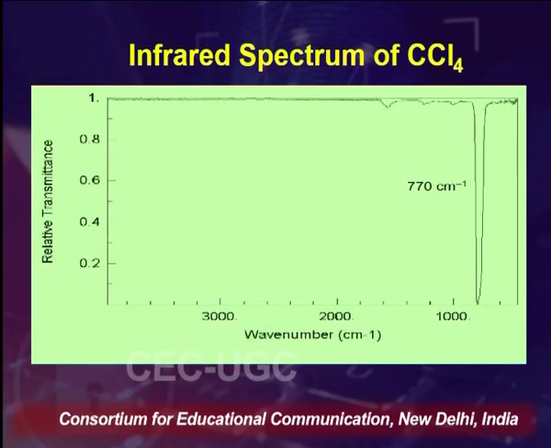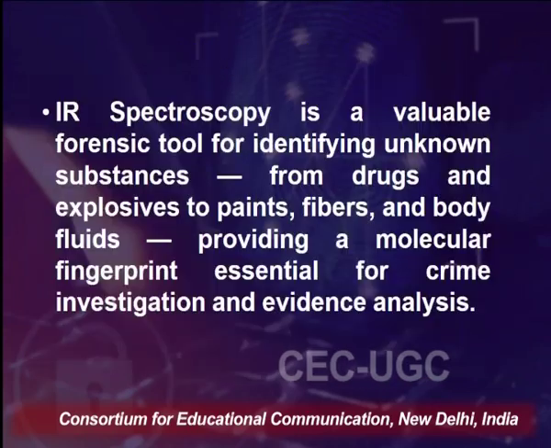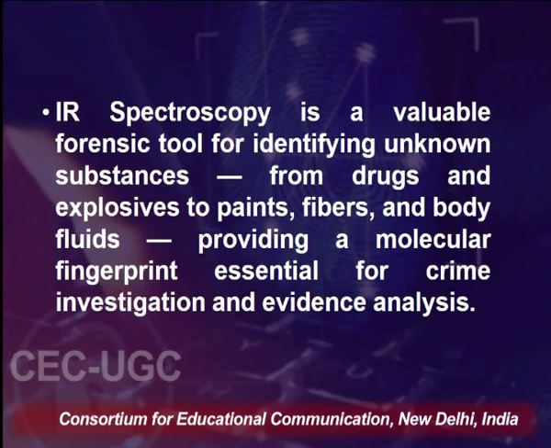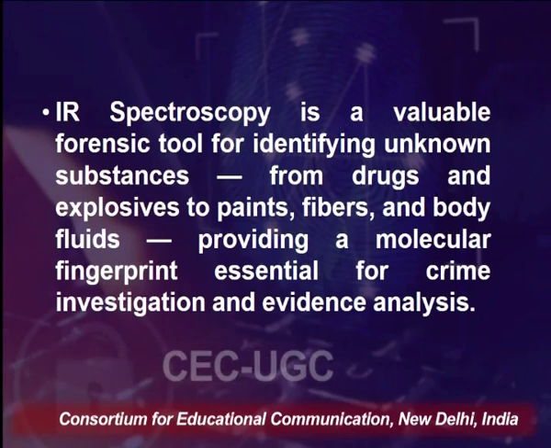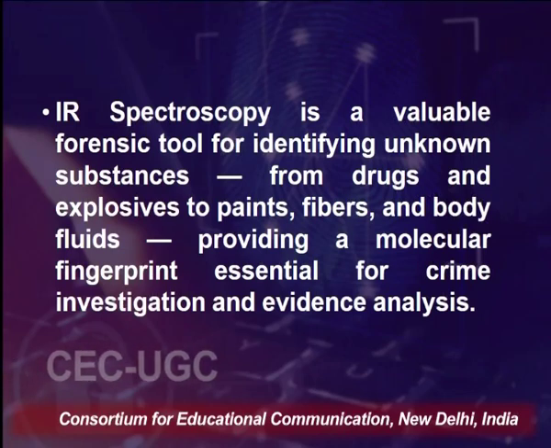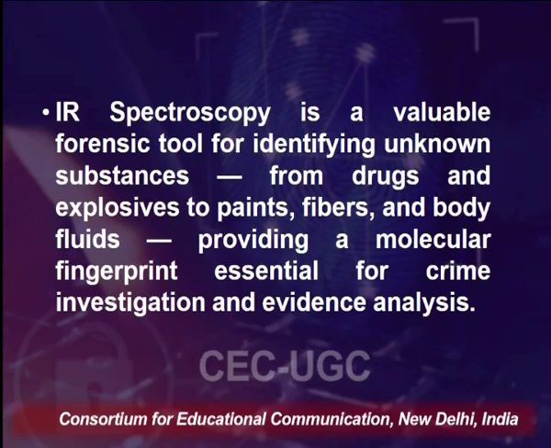This is a valuable forensic tool for identification of unknown substances, from drugs and explosives to paints, fibers, body fluids, and most importantly, it provides a molecular fingerprint essential for crime investigation and evidence analysis.